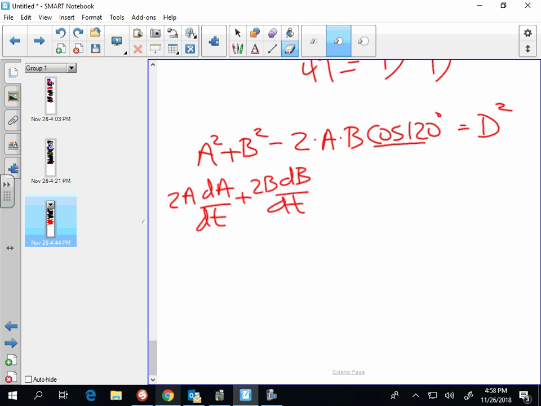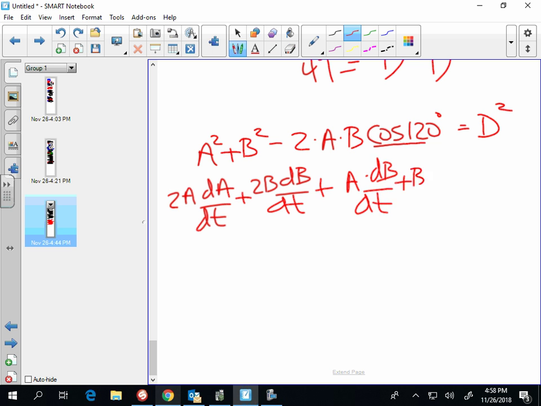So I just now have to worry about the derivative of a times b, which is a times dB/dt plus b times dA/dt. And on the other side of the equation, we have 2d dd/dt. And now we can plug in everything. We're looking for dd/dt.